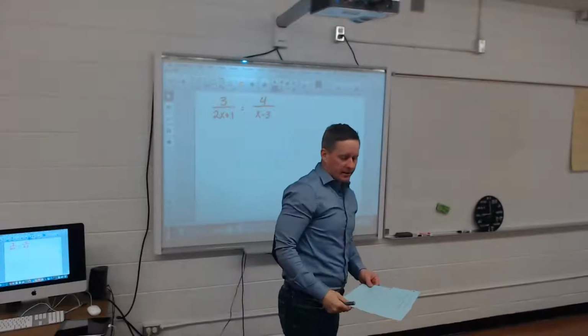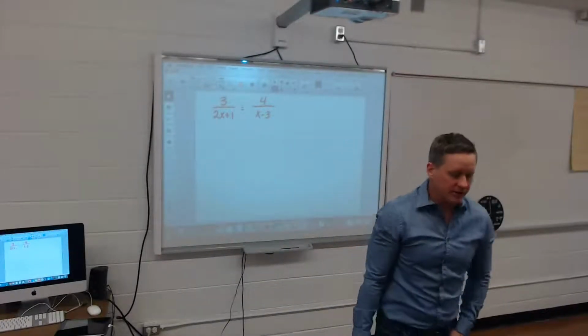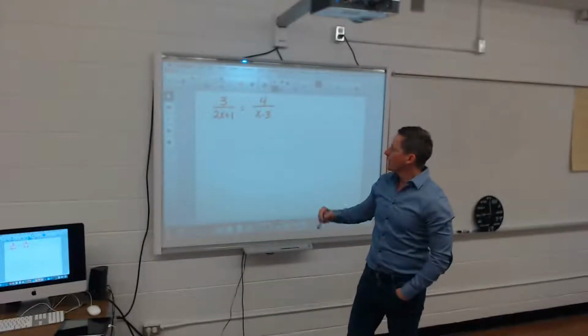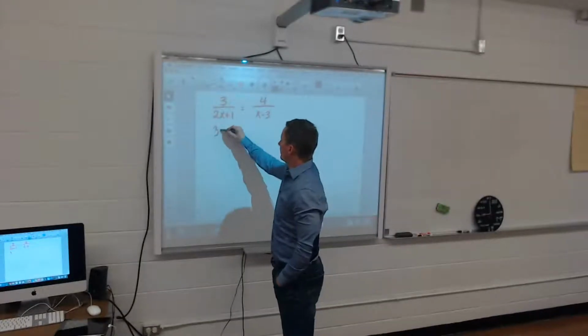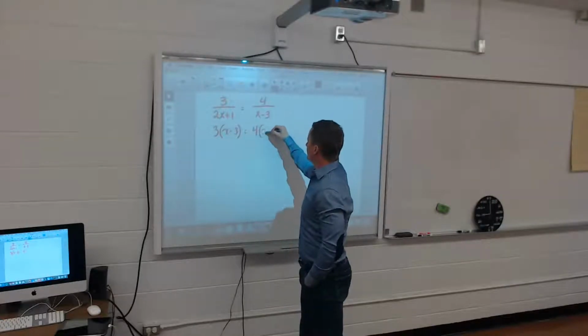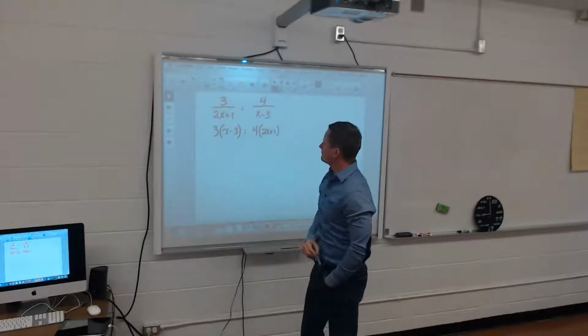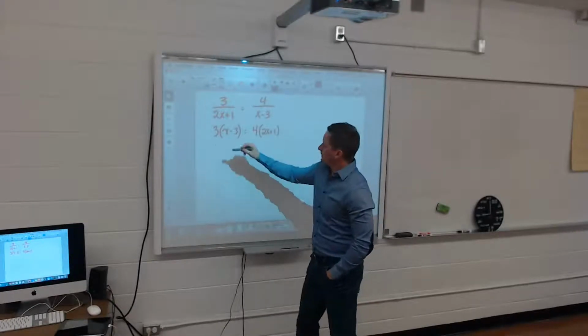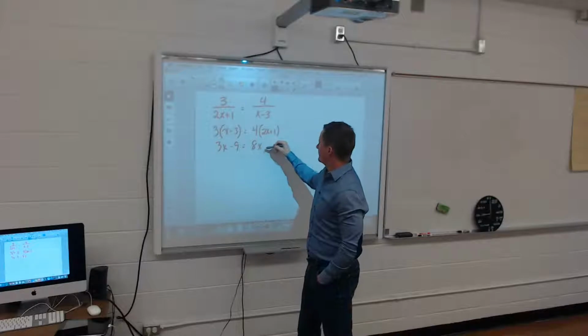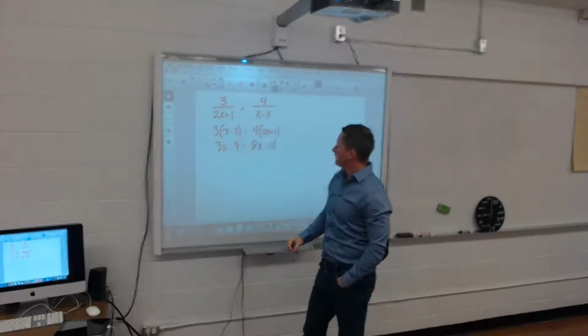So in a question like this, because you've got two fractions on either side, you can cross multiply to get rid of your terms. So I go 3 times x minus 3 equals 4 times 2x plus 1. 3x minus 9 equals 8x plus 4.